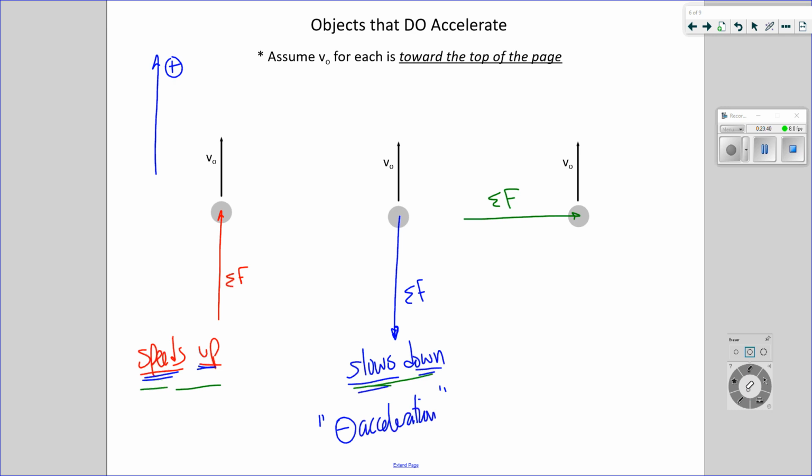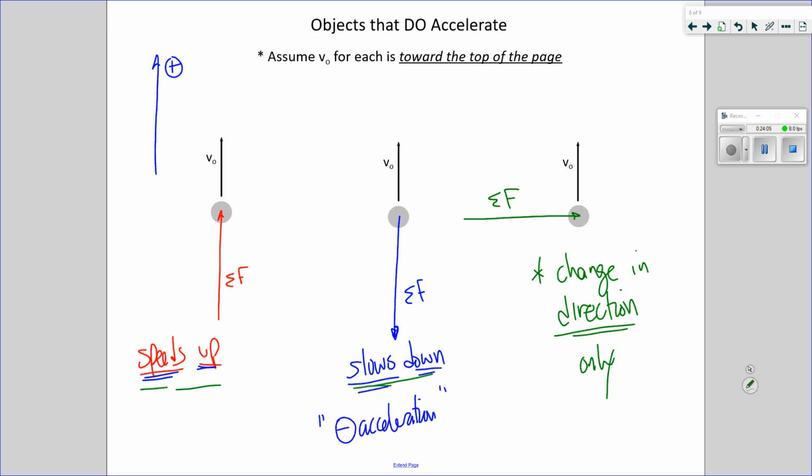But remember, velocity and speed are not the same thing. This thing changes velocity without changing speed. This will right now change direction only.